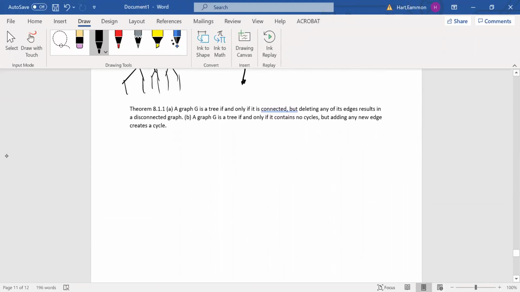So we've got these two other equivalent definitions of a tree. A graph G is a tree if and only if it is connected, but deleting any of its edges results in a disconnected graph.